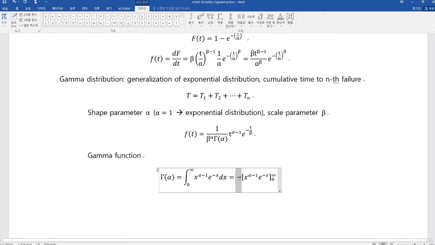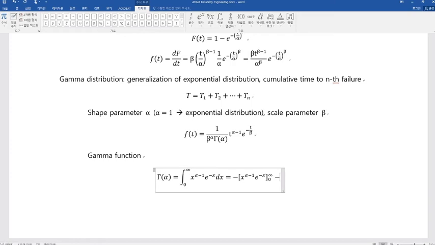And because of the minus and minus, in fact, because of this minus, it now changes to plus when we perform integration by parts.